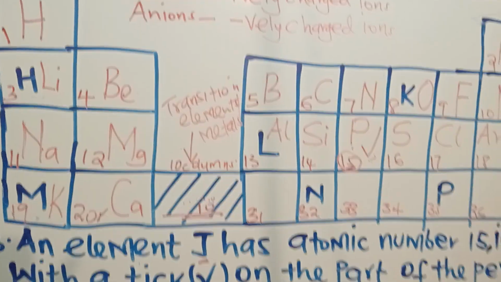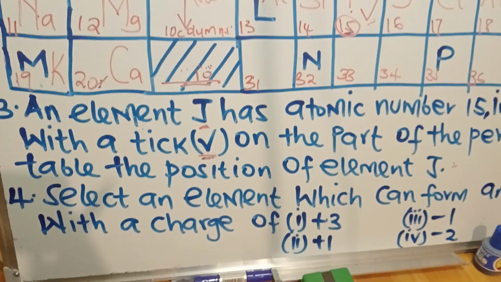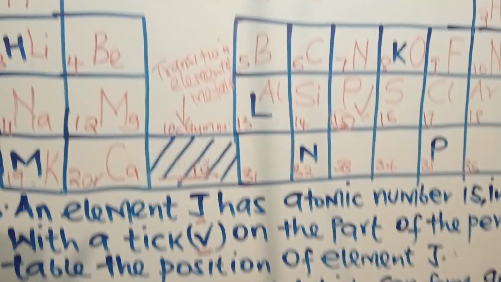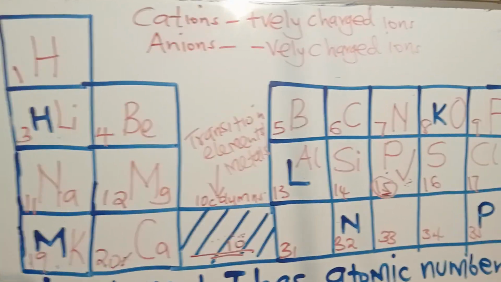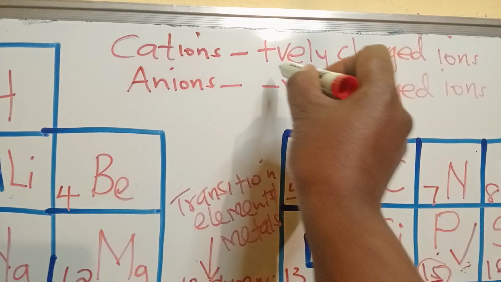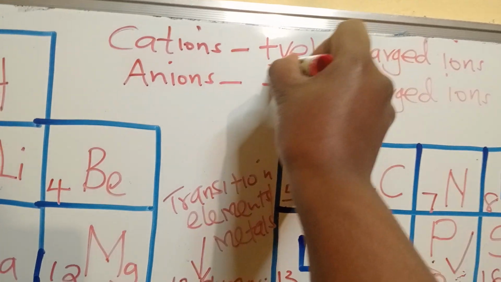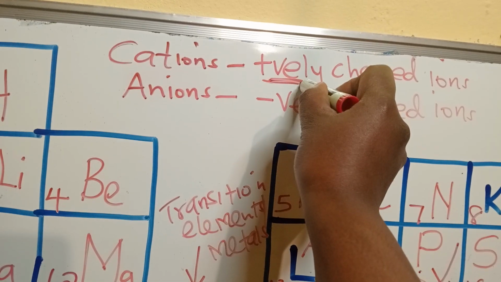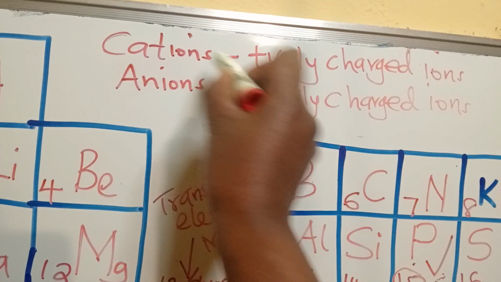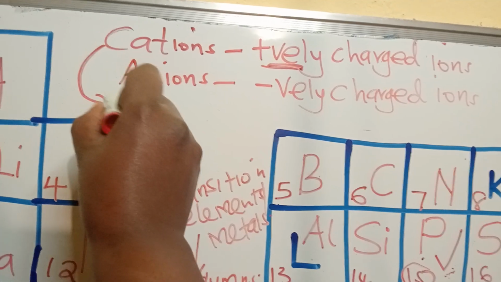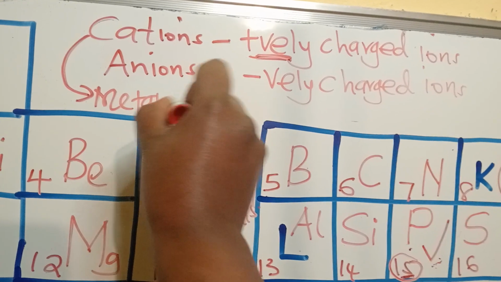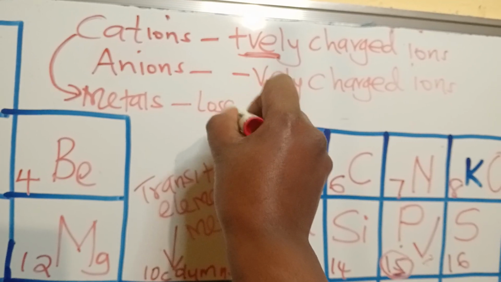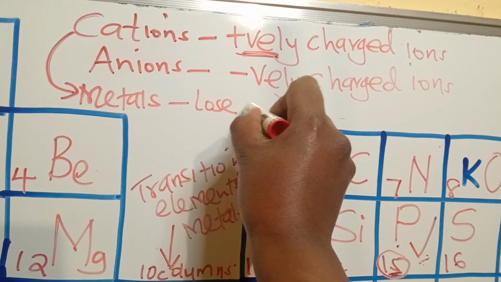For anions, in this case, as they have been shown in the question, the charges for those elements, we are supposed to note this. Cations usually come from metals, and when they come from metals, it means that metals are the ones that react by losing electrons.